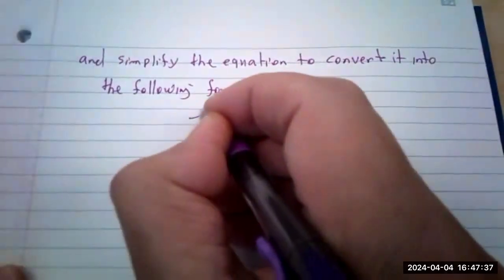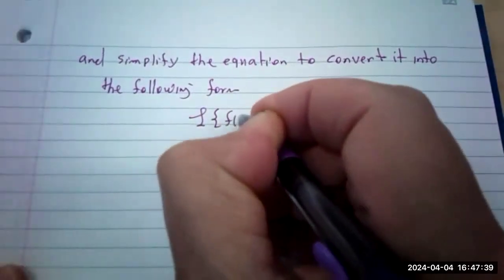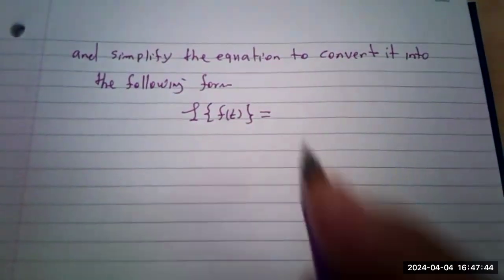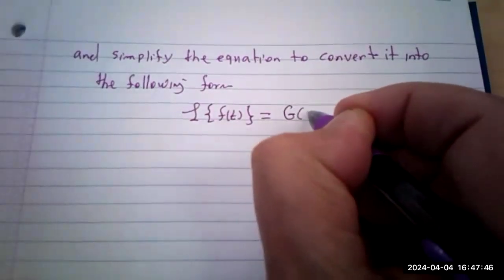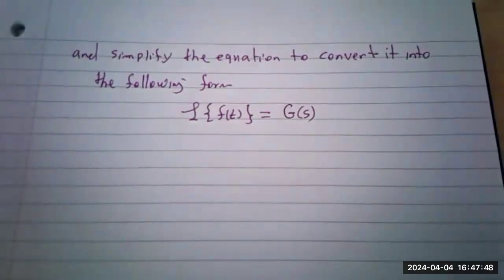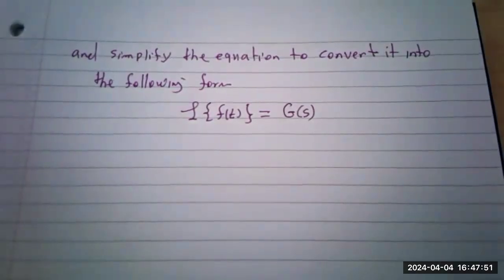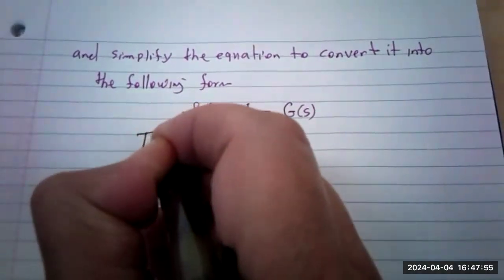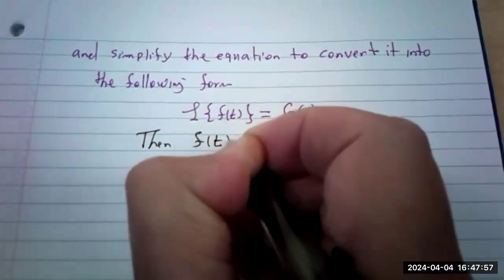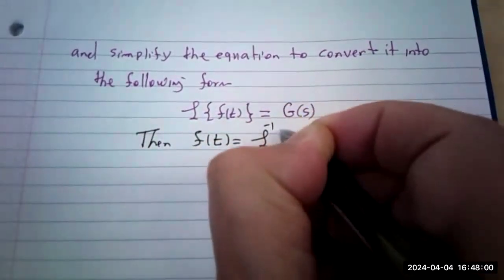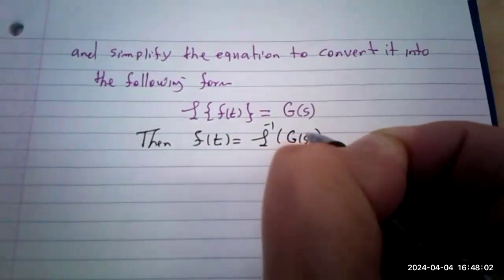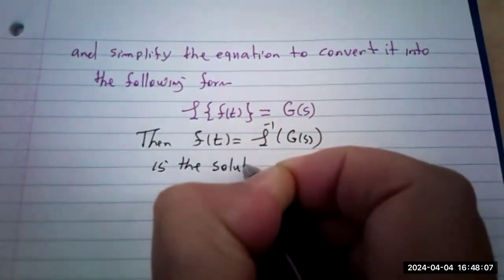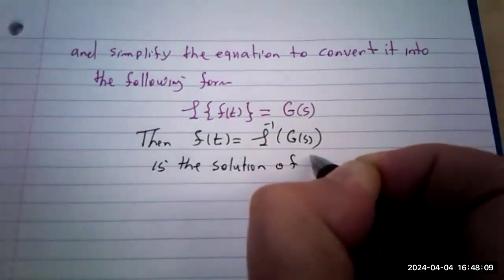On one side you have Laplace of f of t, and on the other side you have a function of s, g of s. Then you take the Laplace inverse. If you get this, then f of t equal to the Laplace inverse of g of s is the solution of the equation.